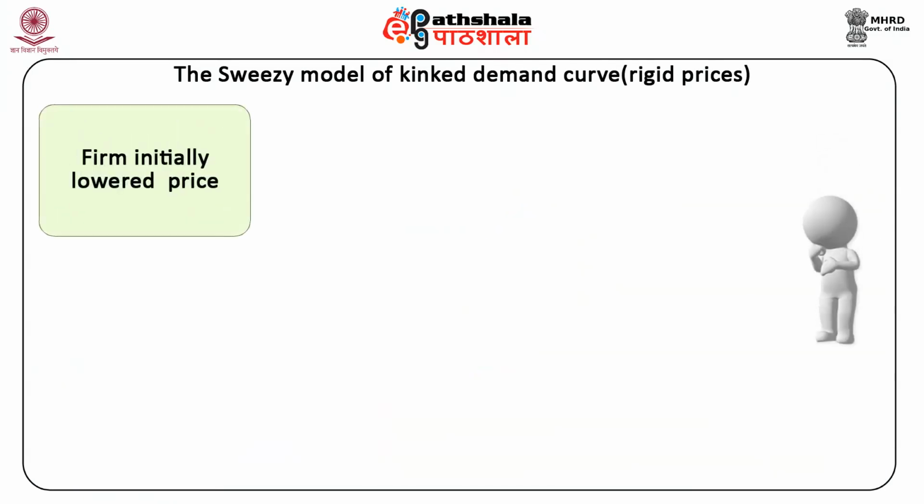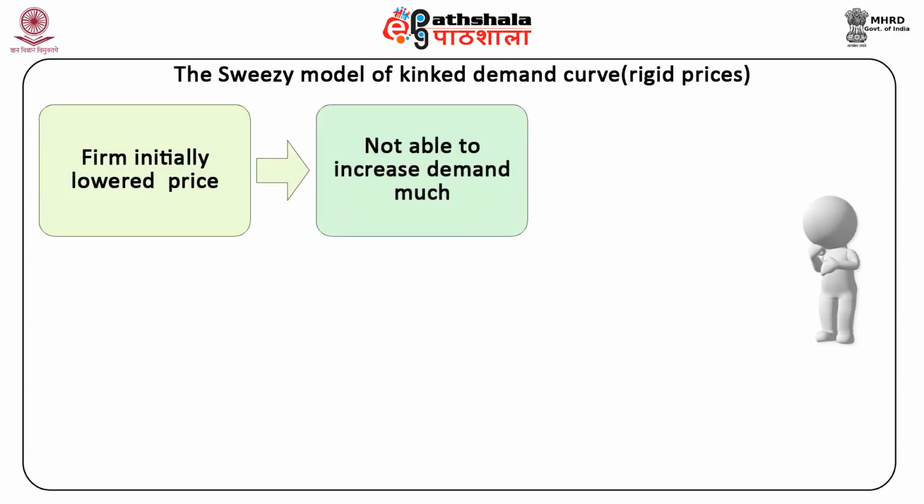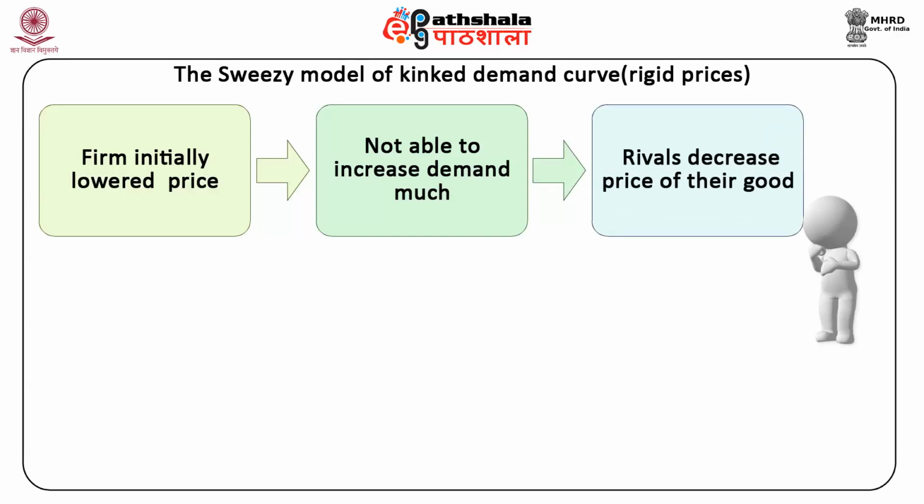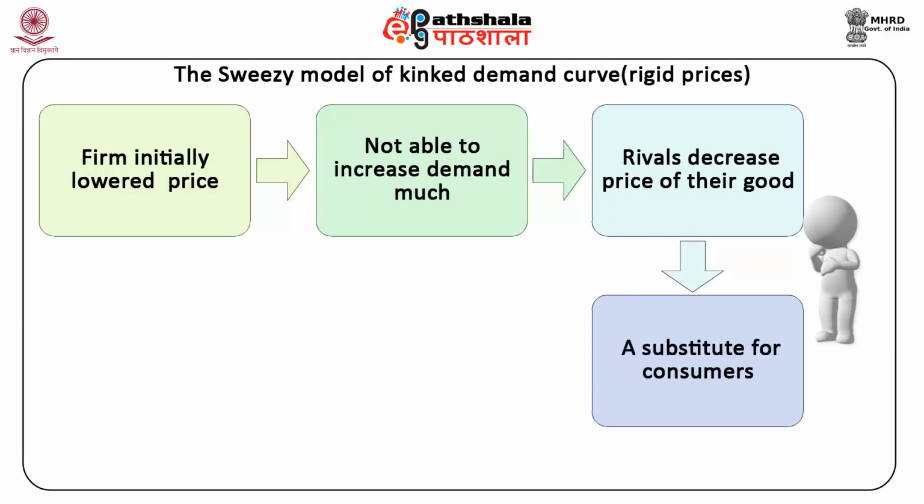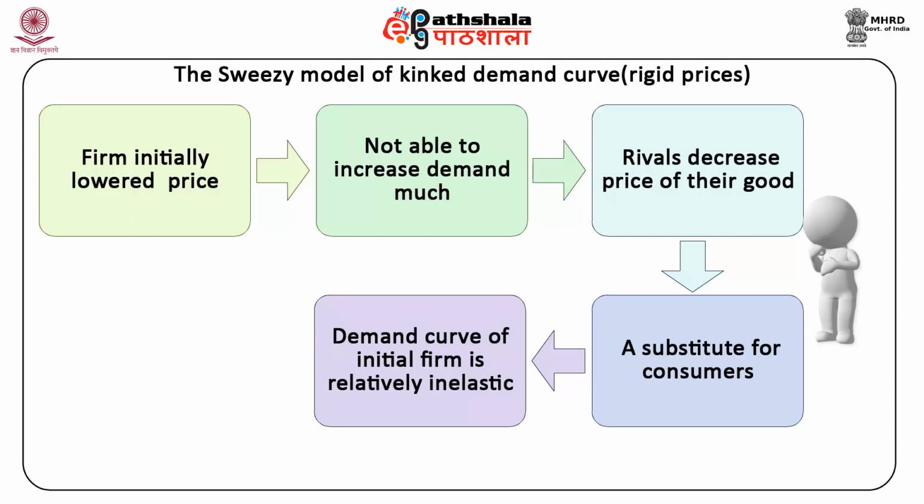Thus, the firm which has initially lowered the price in order to increase its demand will not be able to increase its demand much, because its rivals have also decreased the price of their good, which is almost a substitute for the consumers. Therefore, this portion of the demand curve of the initial firm will be relatively inelastic.